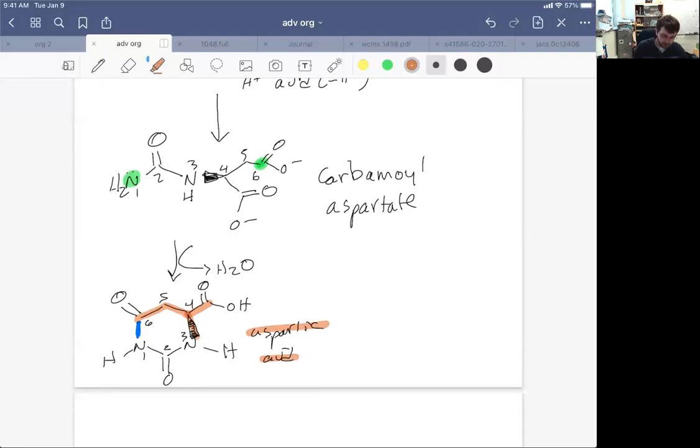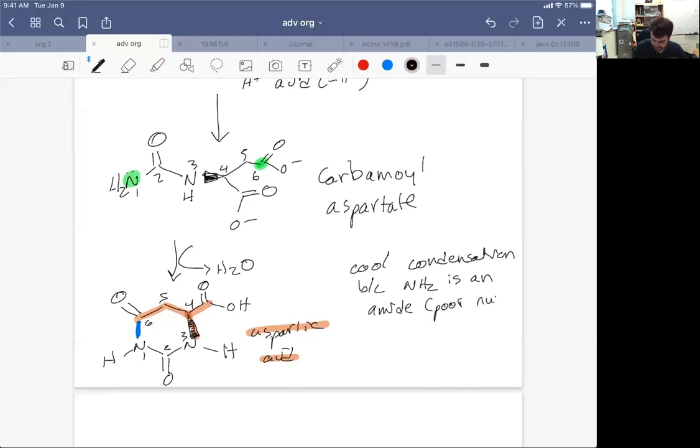Both of these are poor at their jobs. So this is a cool condensation, because the NH2 is an amide, so that's a poor nucleophile. And of all of the carboxylic acid derivatives, the carboxylate is the worst electrophile.